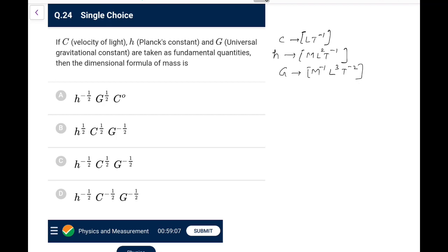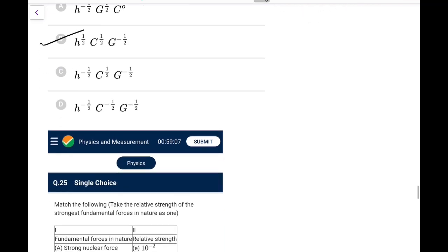Is there any option? Yes, there is only one option which matches the dimension of mass. Let me check it completely. H half means M to the power 1 by 2, L to the power 1 from here, L to the power 3 by 2 from here, and L to the power half. Yes, L also cancels out, and similarly T will also cancel out. So go for option B in this case.